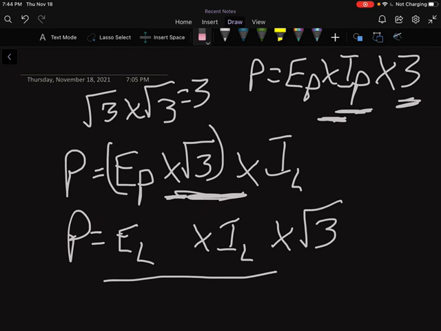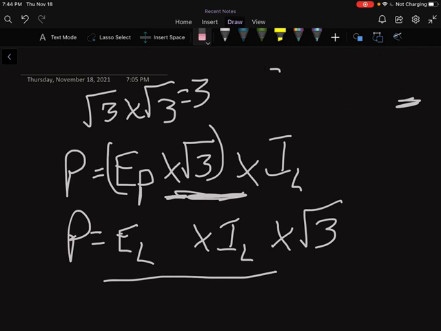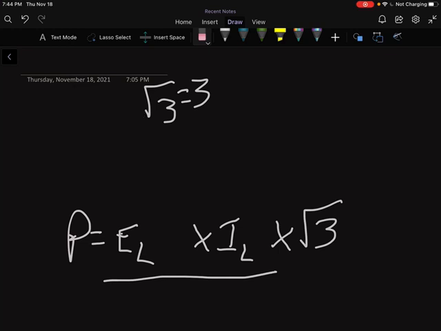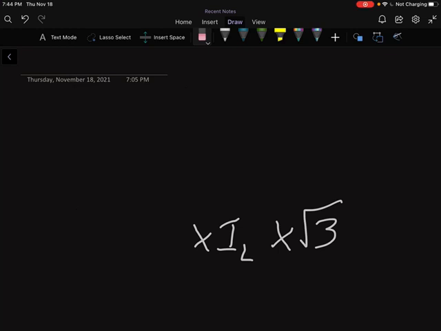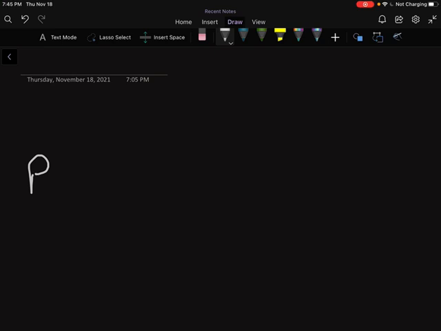So if I put these side by side, these two formulas are the same, or would give you an equivalent value.